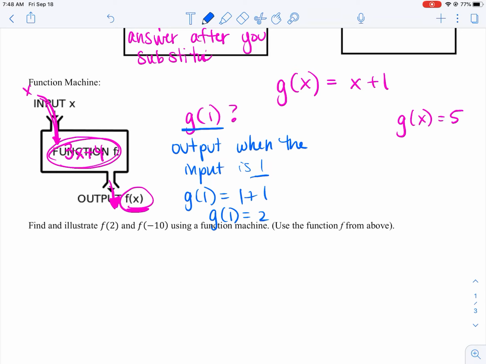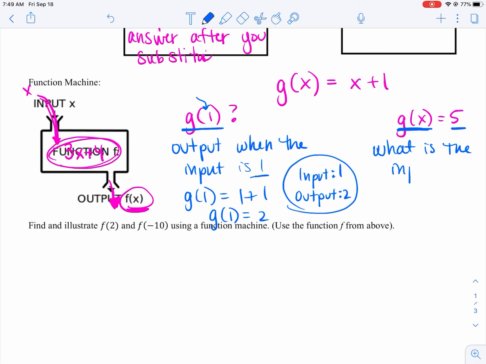So the input in this case was 1, and the output was 2. Okay, that's how that works. So again, when it's inside, it's what we're plugging into x. When the 5 is outside, it would say, what is the input when the output is 5? That's the question. Well, think about it with this machine.